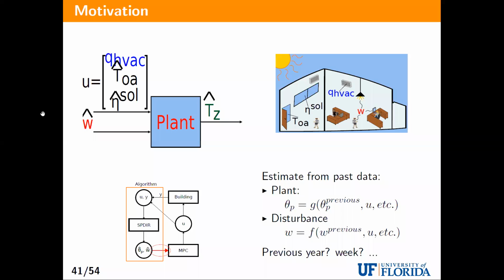So we have past data. Let's say right now I'm here. I look at the last week's worth of data. I run my algorithm and I get the estimates of this disturbance, which I don't know, but I can get an estimate. So the hat represents the estimate. Once I have these estimates for the past, then I look at the time series and try to fit a simple model to that time series so that I can predict it for the future.